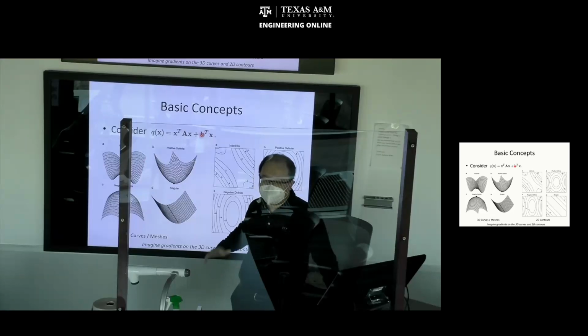I know that it's very easy if x is a scalar, but you've got to be comfortable with this linear algebra when x is a vector. How do we calculate the derivative? Anyone want to try?